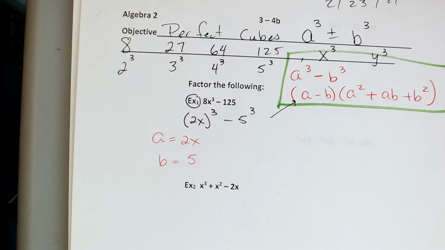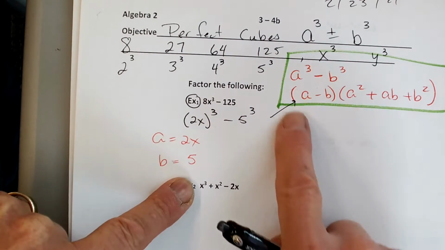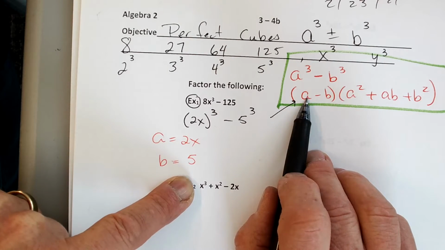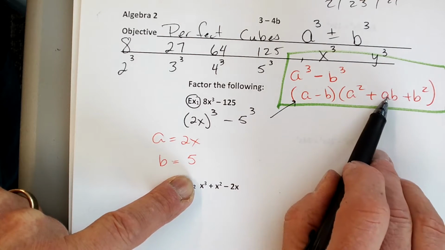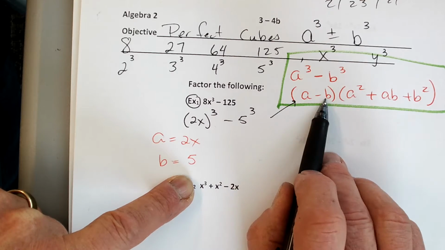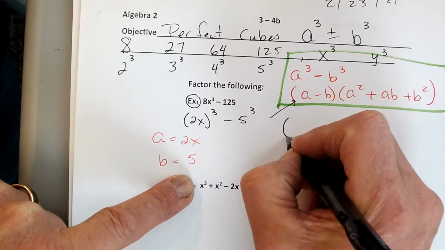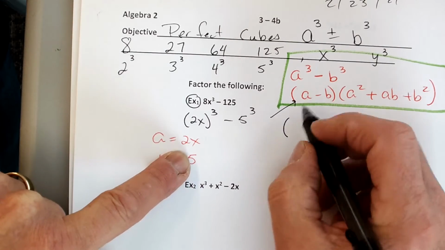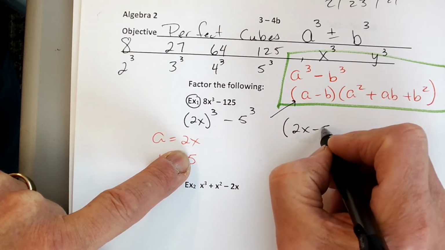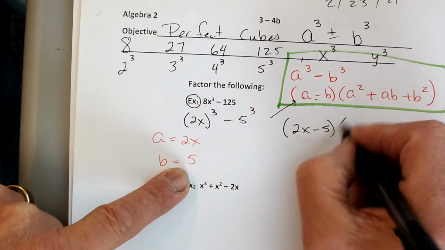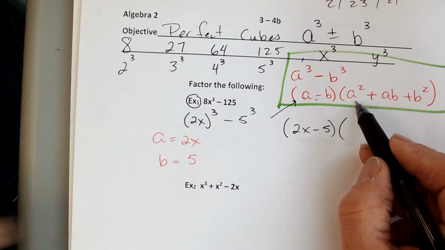Okay, how am I doing? Am I doing okay? So then since I know a is 2x and b is 5, I just plug it in the formula. I'm going to put 2x here, 2x squared, 2x, and I'm going to put my 5 here, my 5 here, and 5 here. Okay, so I'm going to write this answer as a minus b, or 2x minus 5, times a squared.